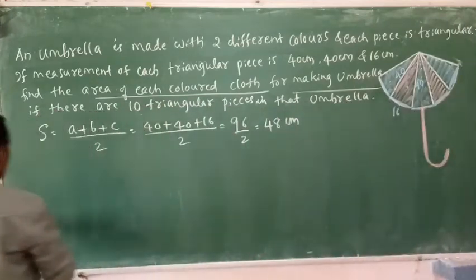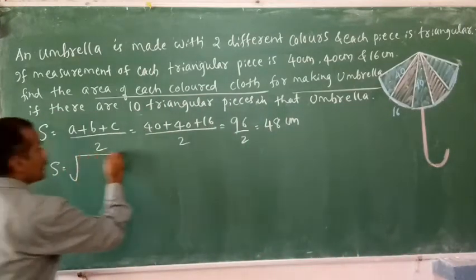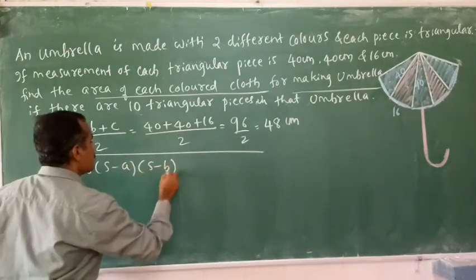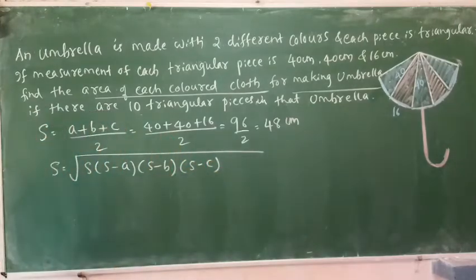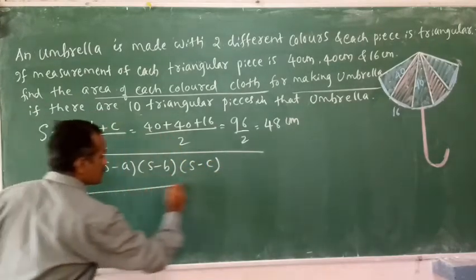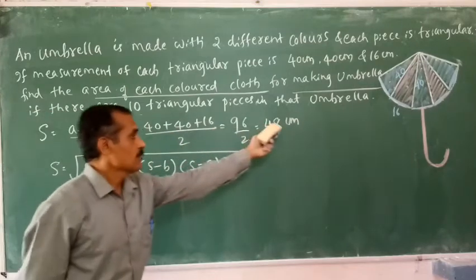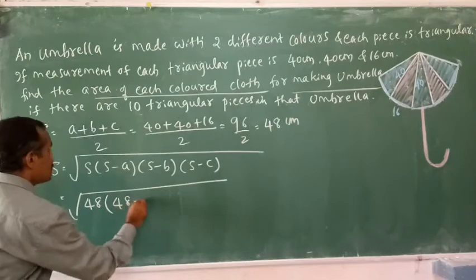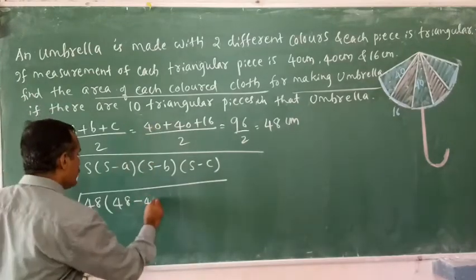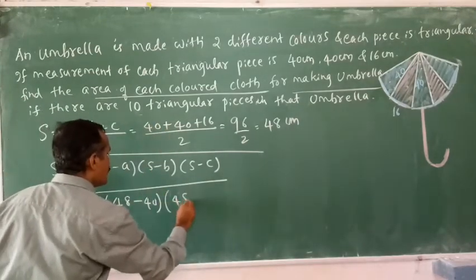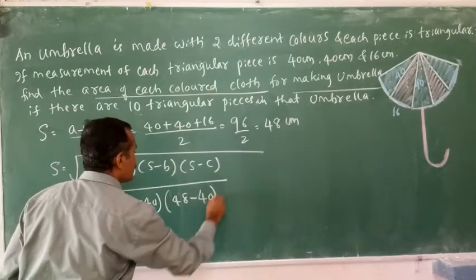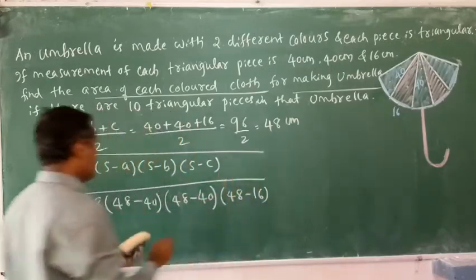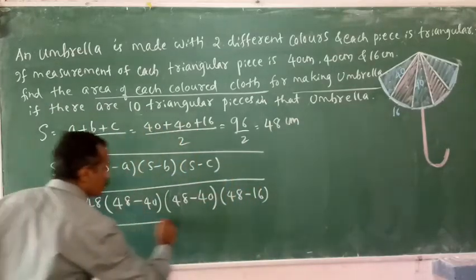Let me find out the area. Area is equal to under root S into S minus A into S minus B into S minus C, which is equal to under root 48 into 48 minus 40, 48 minus again 40, and 48 minus 16.